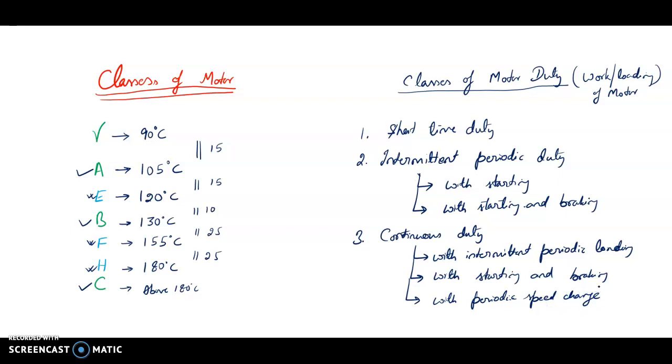So continuous duty has 4 types, intermittent duty has 3 types, and short time duty is 1. So I can have a total of 8 different types of motor duty.